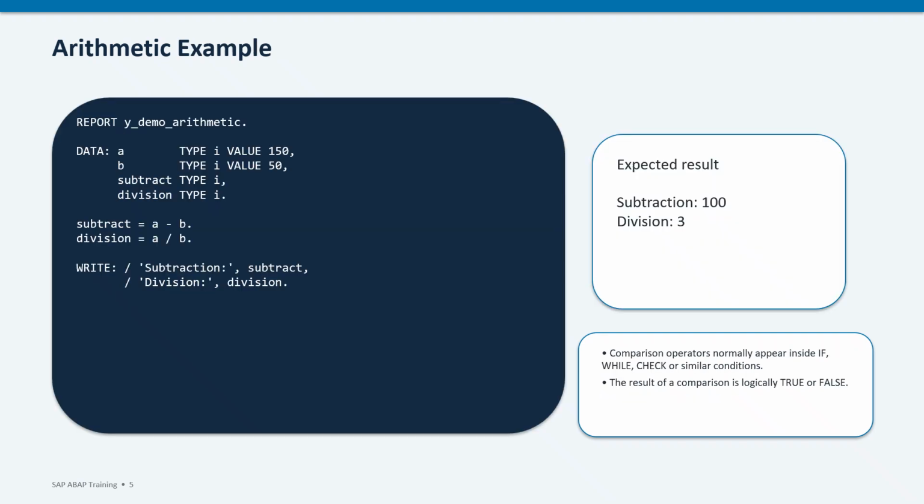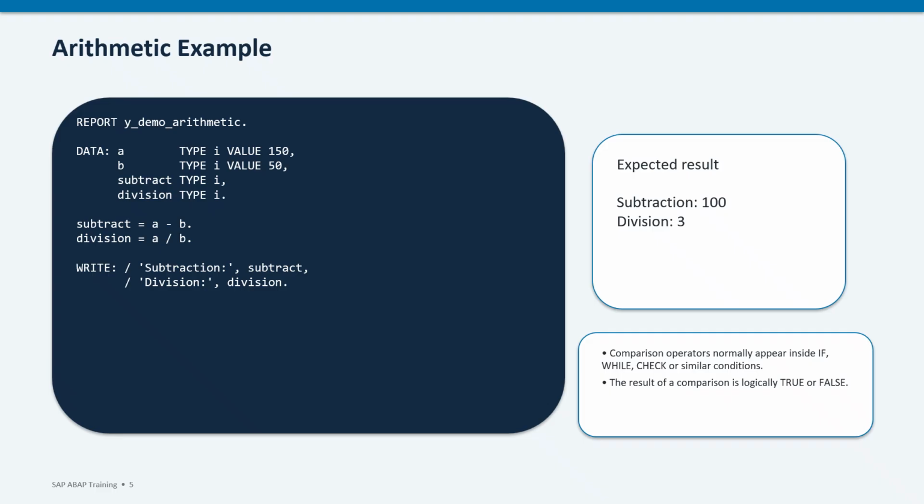Next we'll discuss an arithmetic operator example. Variable a contains the value 150, and variable b contains 50. Then we have two operations, subtraction and division: a minus b, and a divided by b.